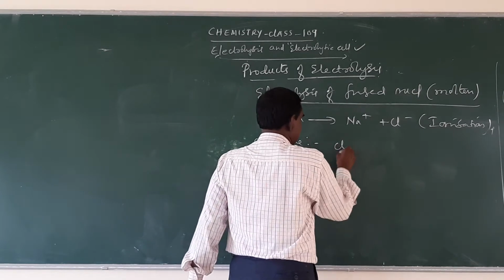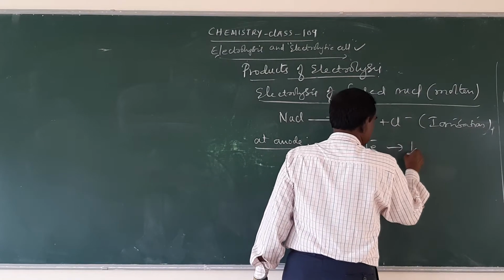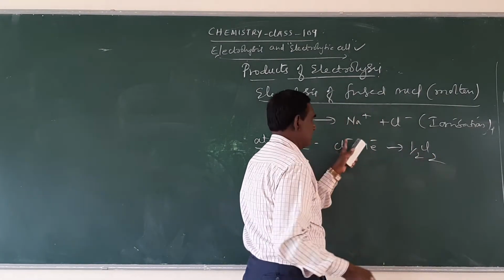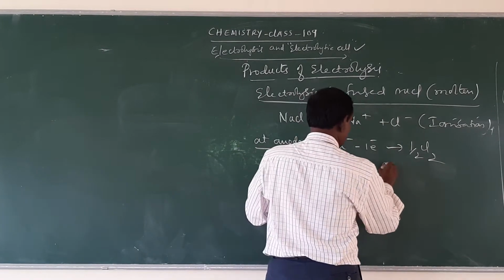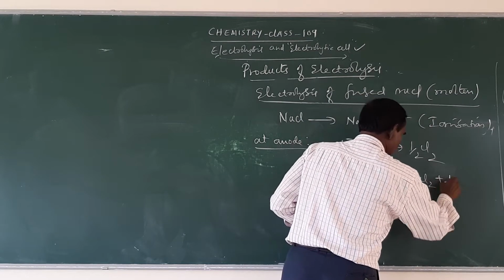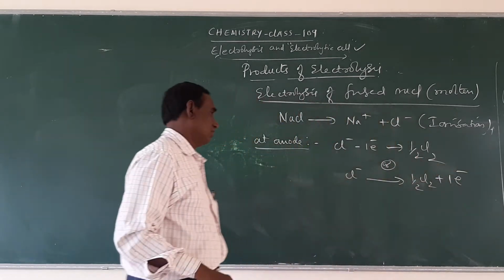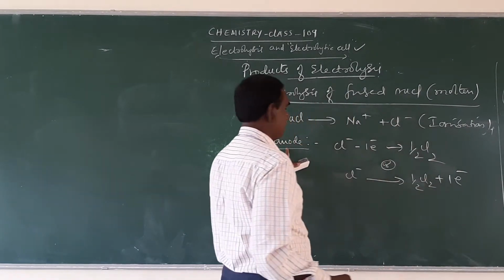At the anode, Cl minus minus 1 electron gives rise to half Cl2. Or you can write Cl minus gives rise to half Cl2 plus 1 electron. So this is chlorine gas at the anode.